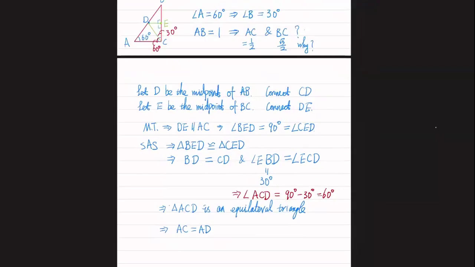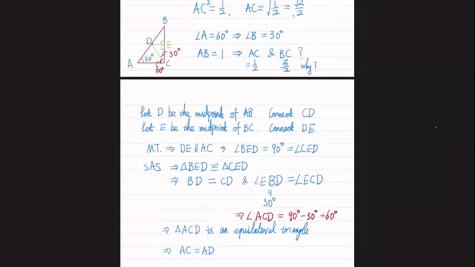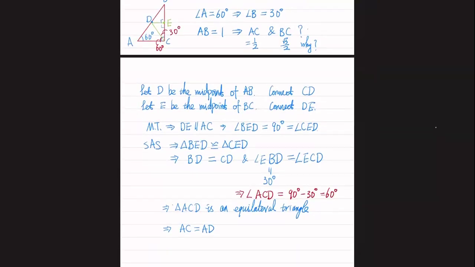But we just claimed D is the midpoint, so AD is half of AB. So if AB is 1, this is 1/2.